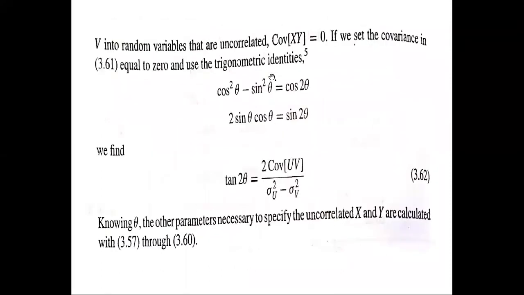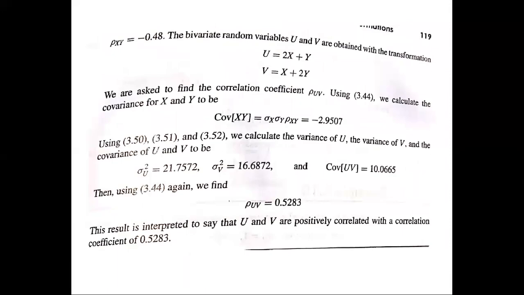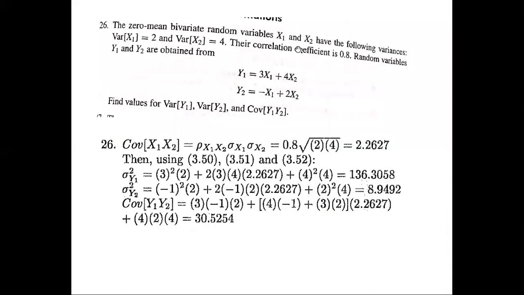So covariance of x1, x2 will be 0.8 into root 2 into root 4, and that value is what we have over here, 2.2627.